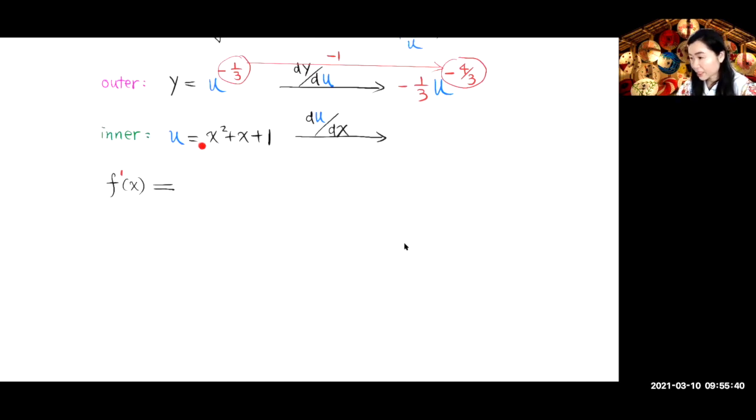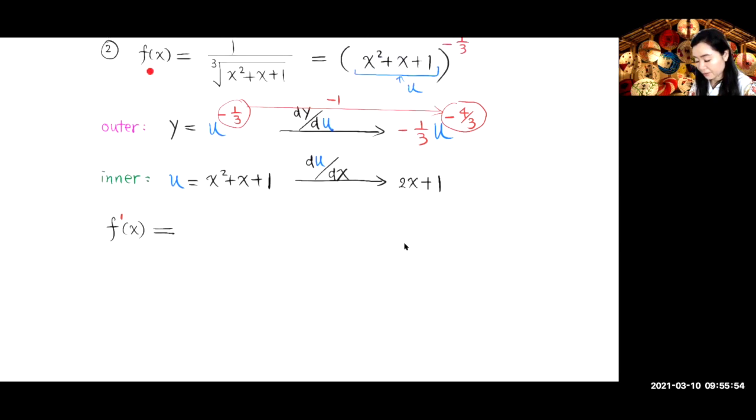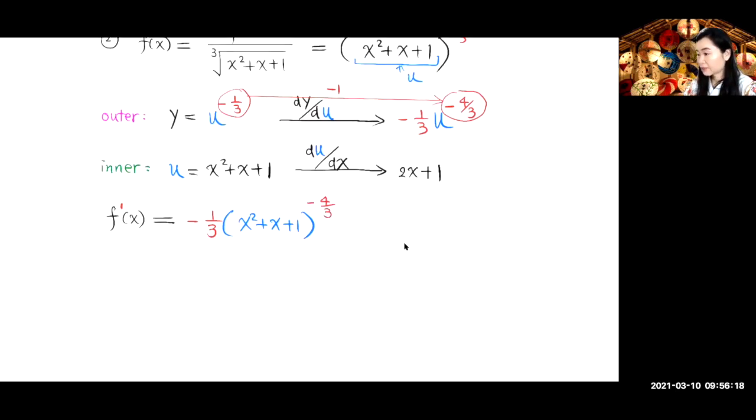So now the derivative of this inner function, du dx, is 2x plus 1. Okay. So the chain rule says that the derivative of the function f here with respect to x is the product of this one and this one. So that we can write it down. Negative 1/3. Now this inner function you just copy, x squared plus x plus 1, to the negative 4/3 power.